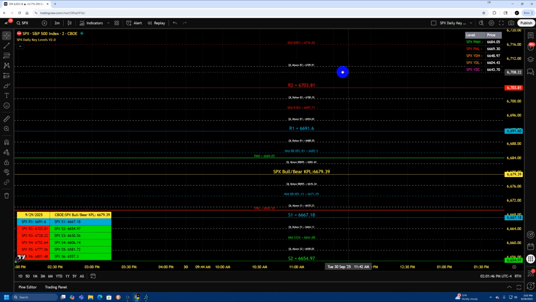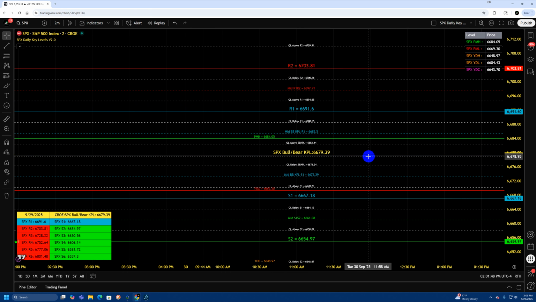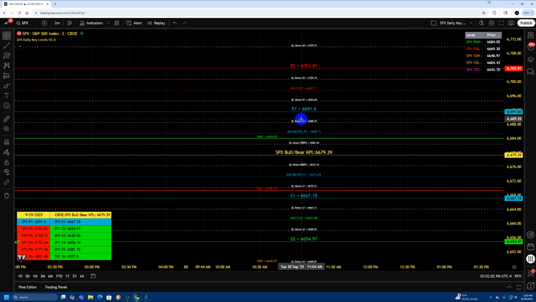So again, in summary, if you're taking a bullish trade off of either the bull bear key price level or any main level, whether it's an R level or an S level, then your tight stop loss, if you choose to use that, is the first QL level below the level that you're taking the trade from, and your standard stop loss is the first midpoint level below the level you're taking the trade from.